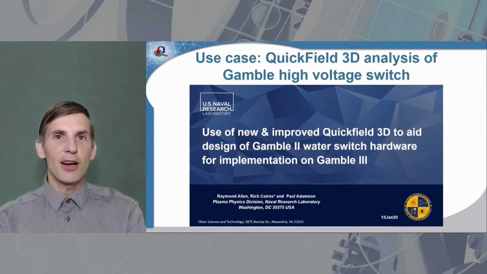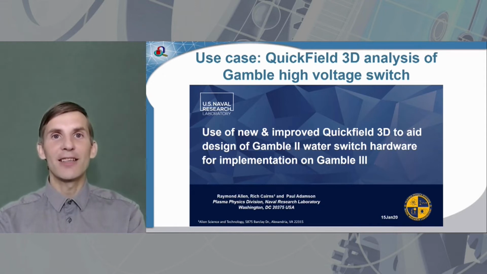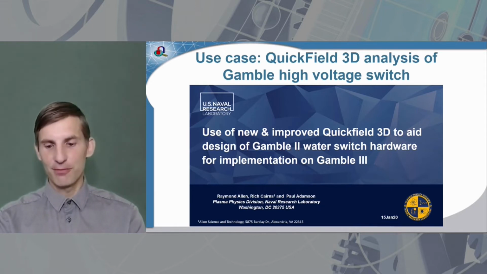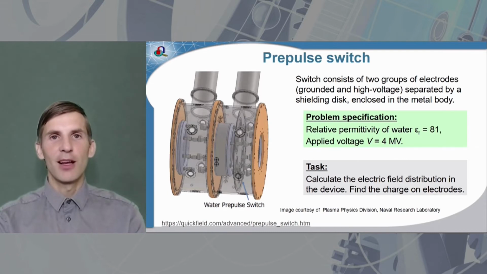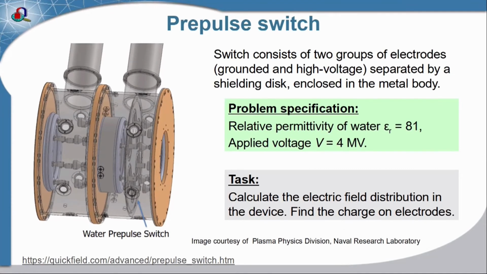Courtesy of Dr. Allen and Naval Research Laboratory, we are allowed to demonstrate what exactly they did in their project. This is the high voltage switch, and the switch consists of two groups of electrodes. The idea was to replace the conventional oil switch with the water switch.